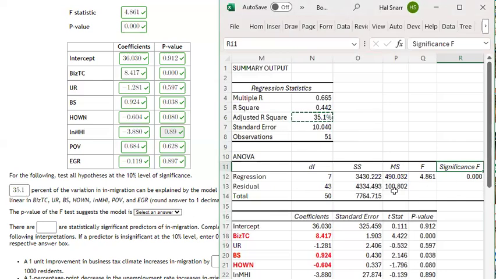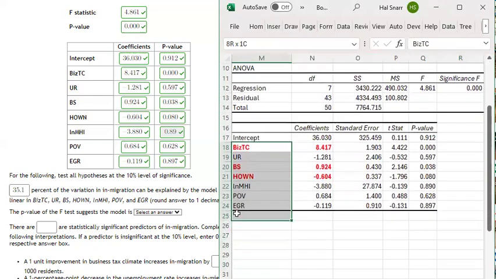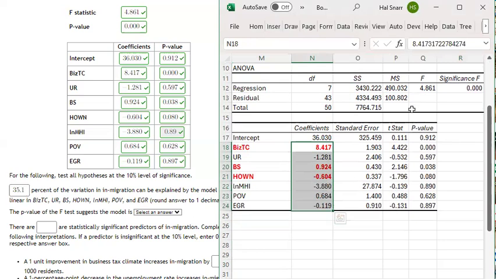And that suggests what? Well, the null hypothesis for the F test is that this coefficient, this coefficient, this coefficient, all of these coefficients, these estimated coefficients, are 0. When you're running the F test, you're saying that this is 0, and this is 0, and this is 0, and so on.